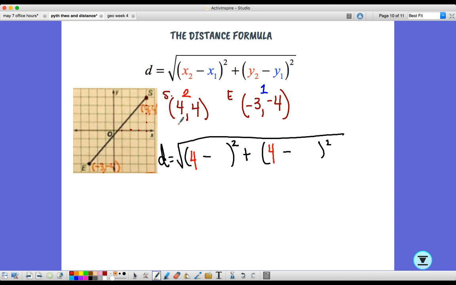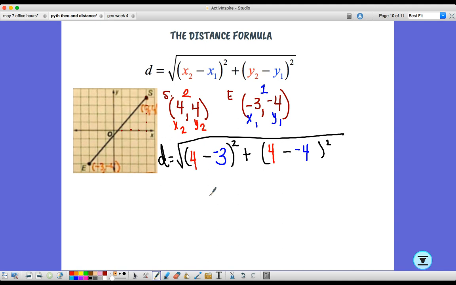If it helps, you can go in and label them x2, y2, and then label them as x1, y1, and then I'm going to plug in x1 over here, which is -3, and over here, y1 is -4.